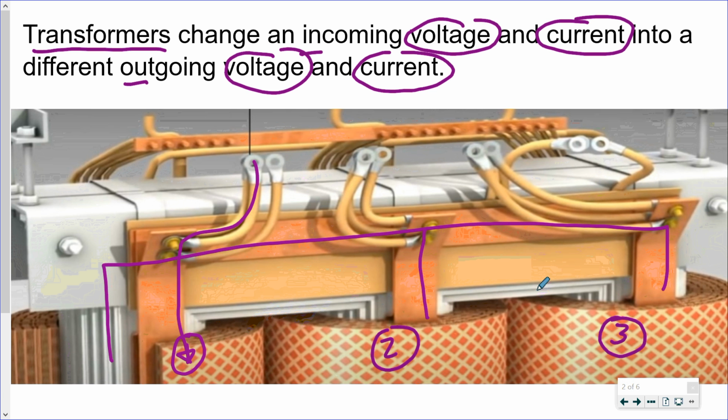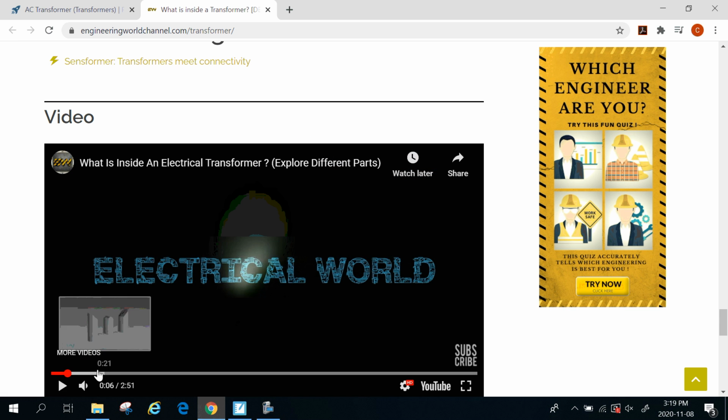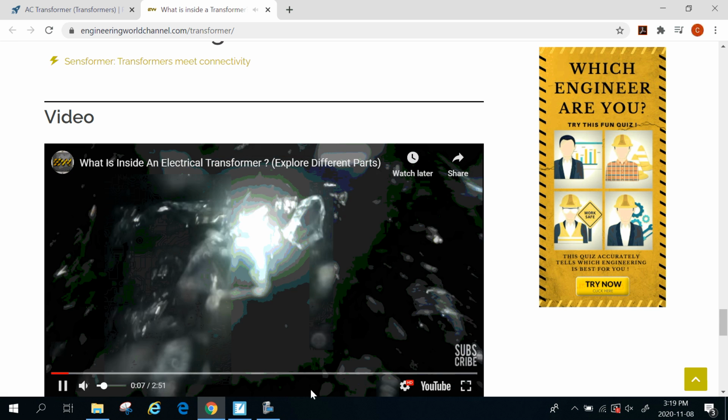What is going to transmit the signal is going to be the induced magnetic field. So electrons going through this solenoid is going to create a magnetic field, which in turn is going to lead to the electrons moving through this solenoid, creating another magnetic field, and in turn inducing the current in the third solenoid as well. So let's just go out of the presentation here and go into YouTube and take a look at this little bit of a clip here.